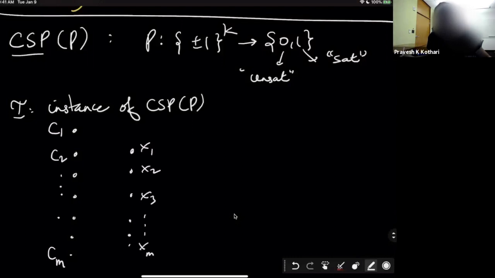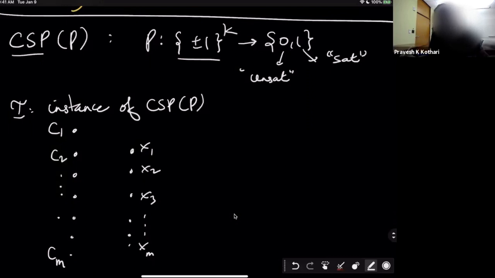Now in 3 XOR, what I would do is just connect the constraints to the variables that appear in it. But in general, the Boolean function like 3 XOR doesn't care about the order of bits. For 3 XOR, it's not important which one is the first bit, which one is the second bit, and which one is the third bit.